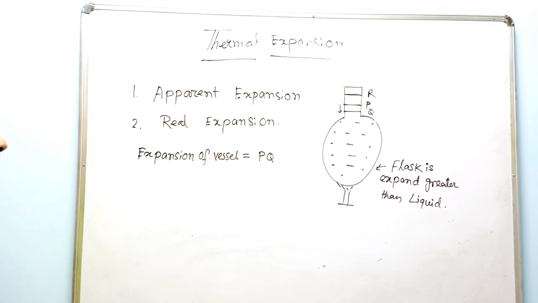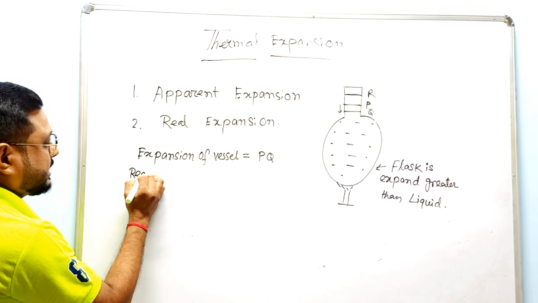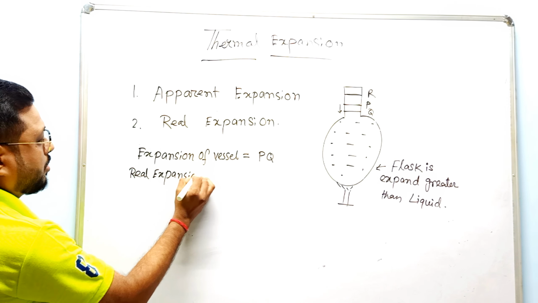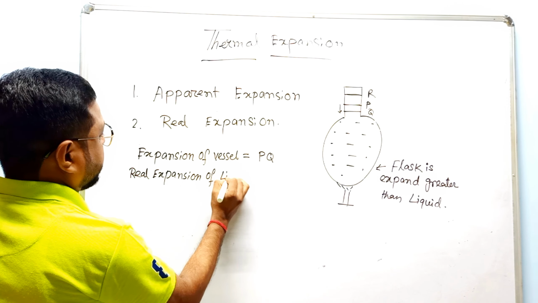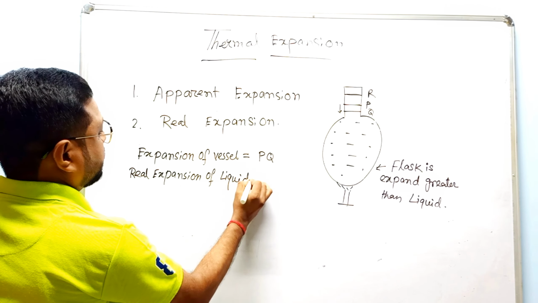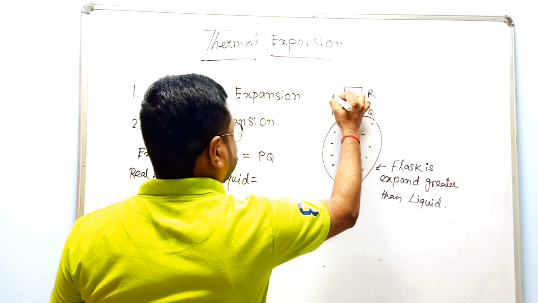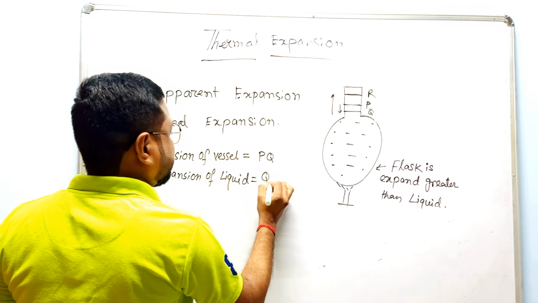So the real expansion of liquid is: the liquid falls down to Q, then rises to R. So QR is the real expansion.